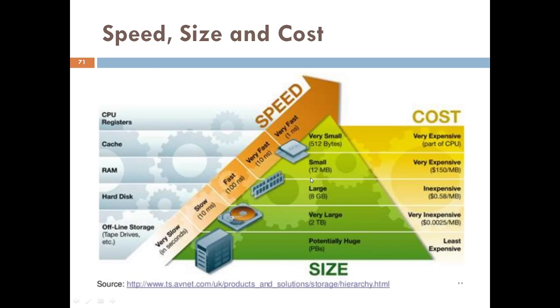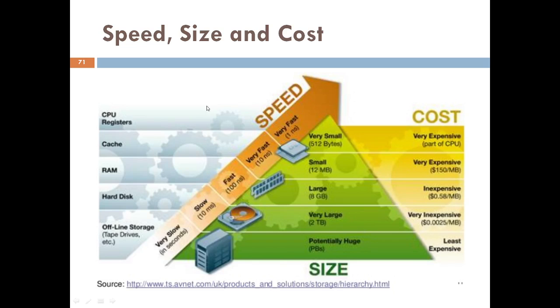So this is a memory hierarchy, which is shown in a pyramid structure. As you go down, you can see the storage size increases. Based on the width, we can say that as we go down the memory hierarchy, the bottom one is the secondary storage, which has a large storage space.